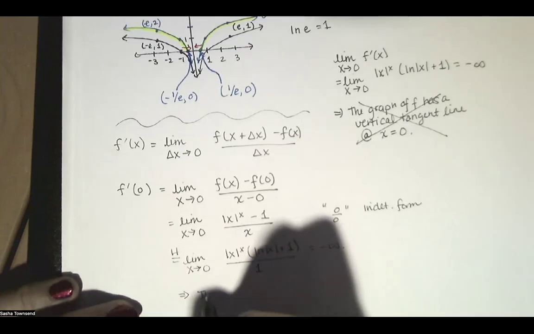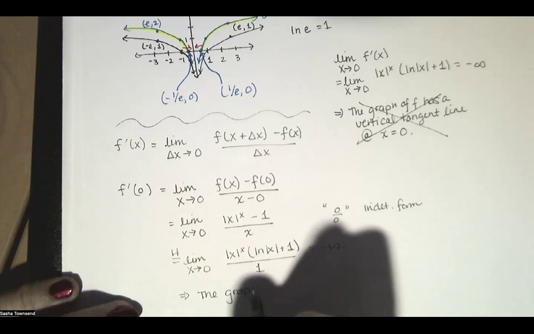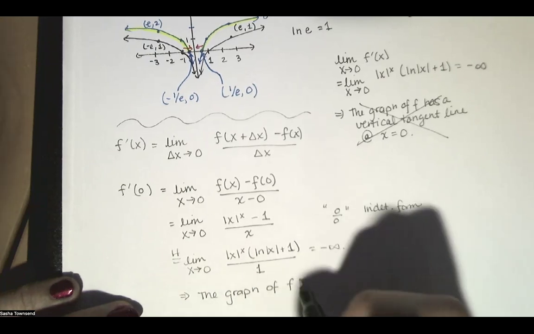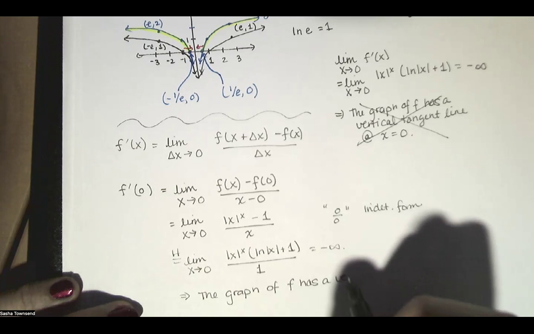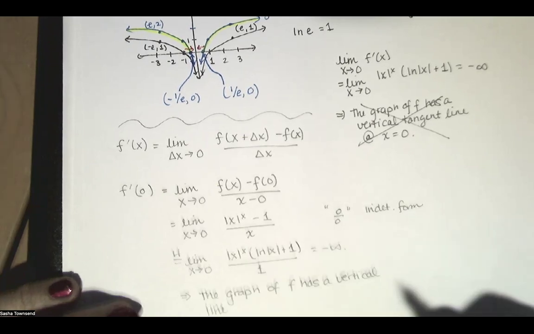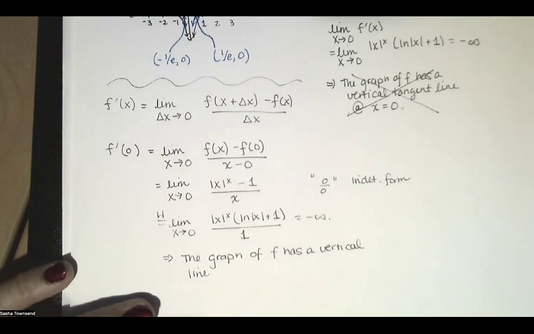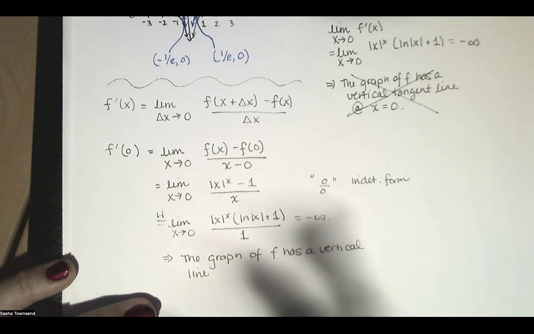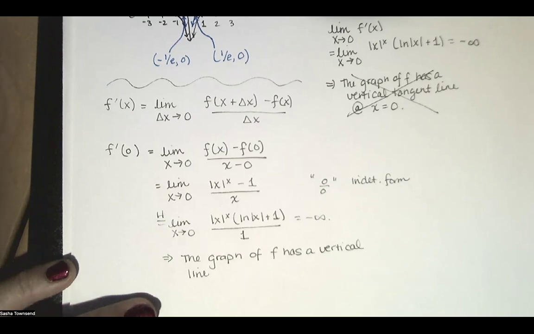So the graph of f has a vertical tangent line. So the slope is not well defined, but not when we think of y as a function of x. If we think of x as a function of y, it turns out that the derivative of x with respect to y is 0.